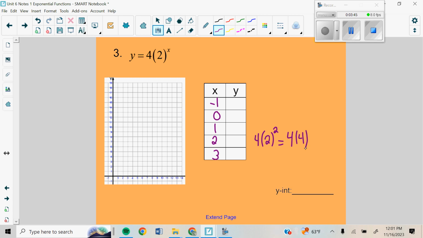Just the 2 portion is squared. Okay? So if we erase that, we plug 1 in. We're going to take 4 times 1 squared. 1 squared is 1, so we get 4 times 1, so 4. Okay, so go ahead and use your calculator. You can just type these right into your calculator and see what you can get with that.